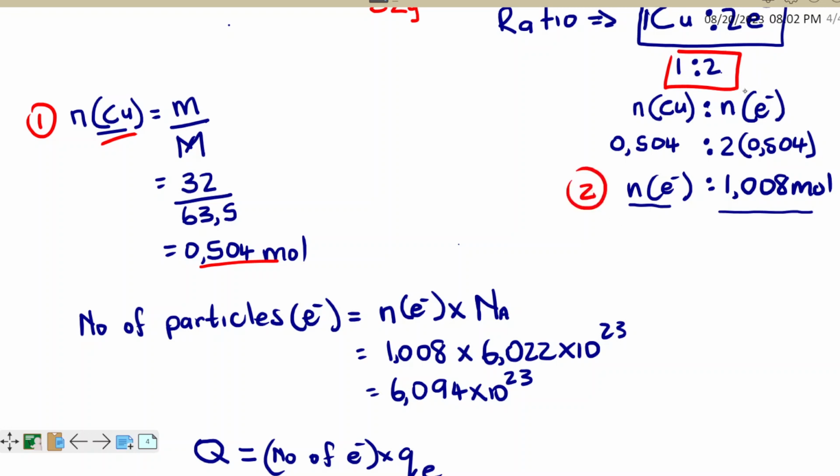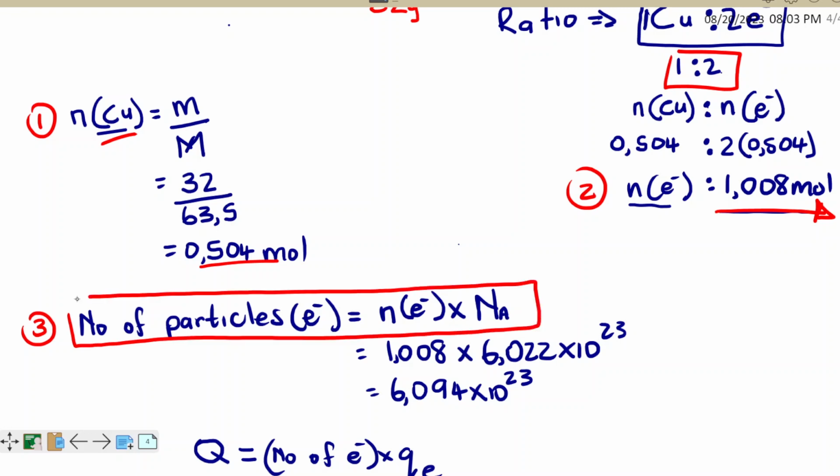Suppose the ratio is 1:2. After you get the number of moles of the electron, find the number of electrons themselves. We use this formula: the number of electrons is this number of moles times the Avogadro's number. This is the number of electrons or particles.